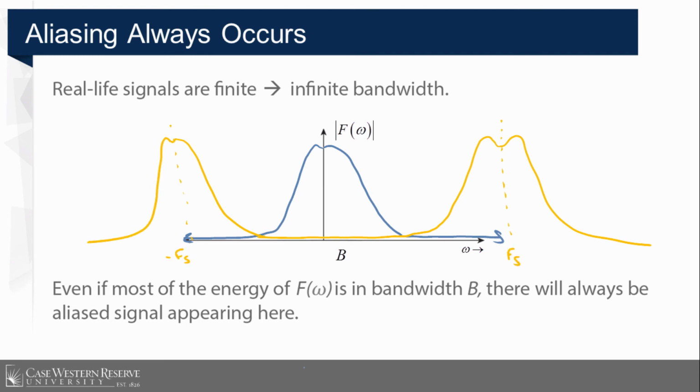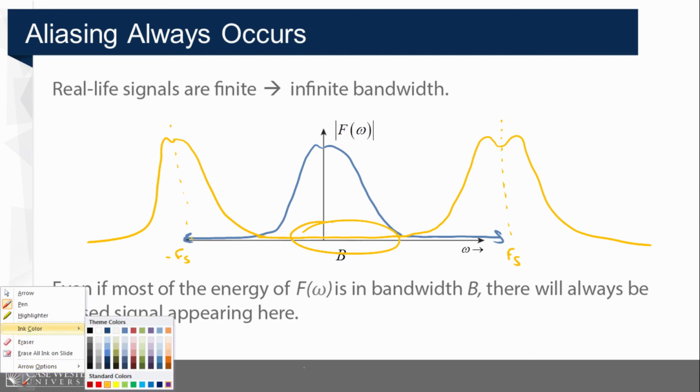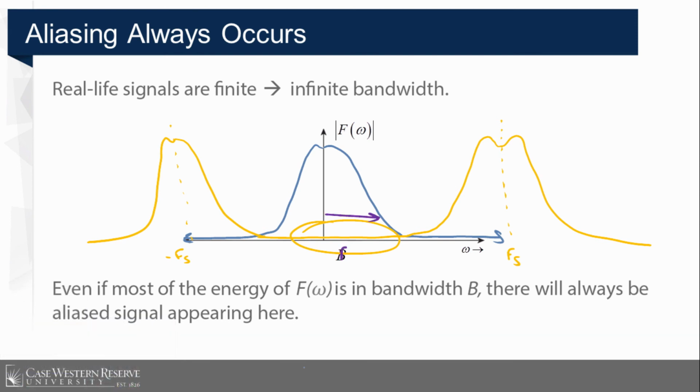We may not have a lot of aliasing, but we're still going to have always aliasing of these high frequency components back into our lower frequency components. And this is again because we have an infinite bandwidth frequency spectrum in any real life signal. And so even if most of our signal energy is appearing in a very small bandwidth here, which we'll call B, there will still always be alias signal appearing within this bandwidth.